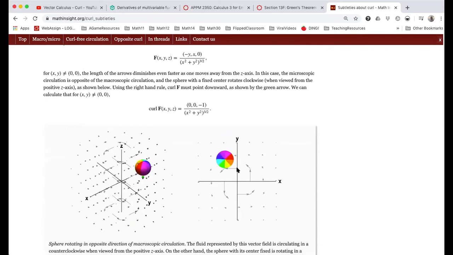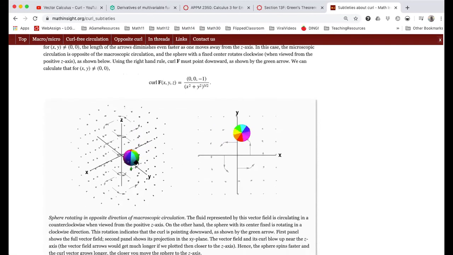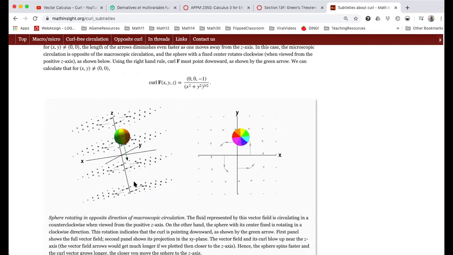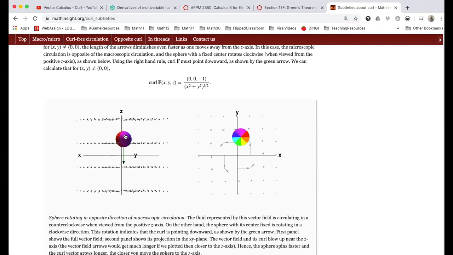And that's because you notice these vectors down in the bottom are much longer than the vectors on the top. And so they're pushing a lot faster than those vectors. And it's enough to counterbalance and make this rotate clockwise. And it's not the same everywhere in the vector field. If you notice, as I move it around, I'm going to get different rates of rotation, which is what you're seeing by longer and shorter curl vectors on the left.